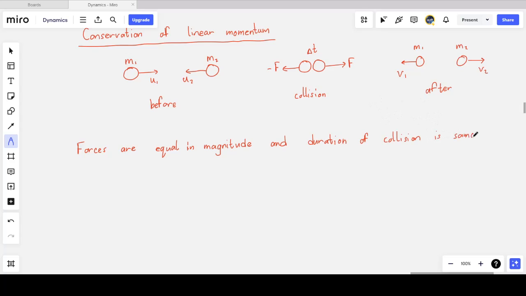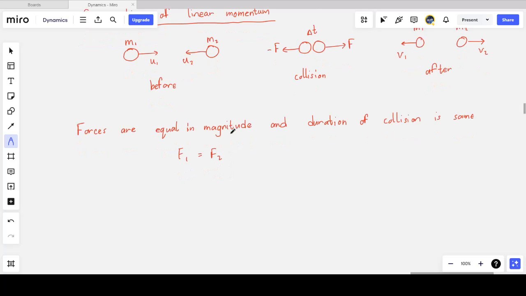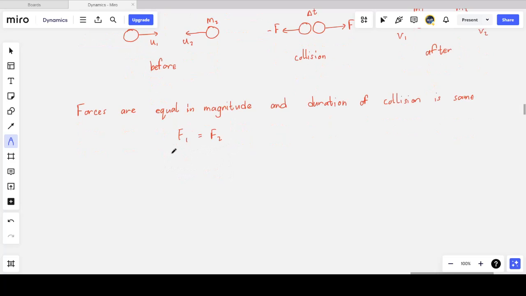So what does this mean? If I say that the force on ball 1 is equal to the force on ball 2, at least in magnitude, I'll ignore the minus sign for now, then the change in momentum during the collision for ball 1, delta p1 by delta t, is the same as the change in momentum for ball 2, delta p2 by delta t.